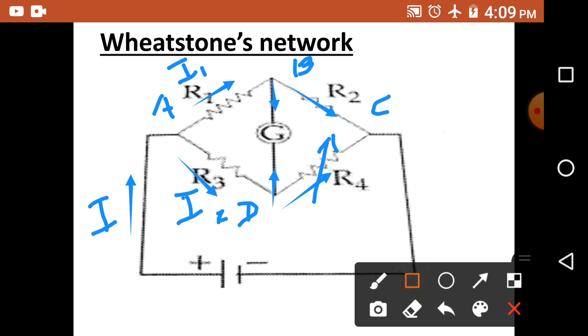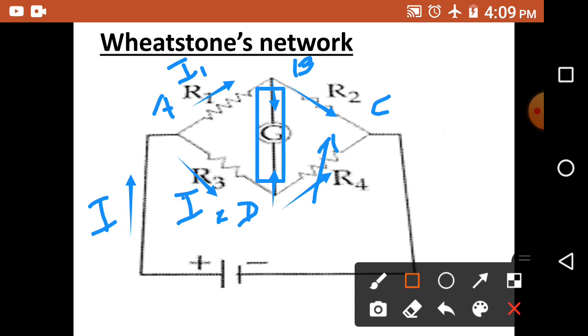Now see this branch, we have shown the current flowing from B towards the galvanometer, and at the bottom we have shown the current flowing from D again into the galvanometer. So current is flowing in two directions in the same branch, which is not possible. So either the current will flow from B to D or from D to B.